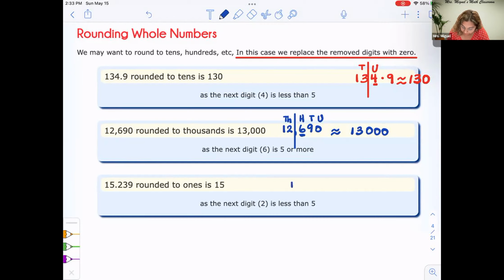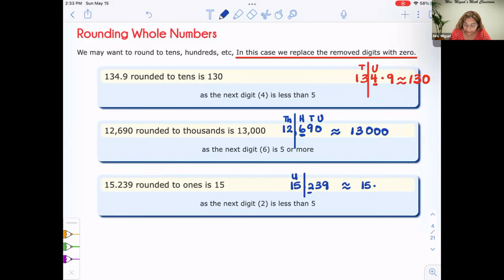Let's go again. We have 15.239. So this is ones here. This is my cutoff. This number here is less than 5, so I do not add 1. As long as the number is after the decimal point, I am not concerned with that.